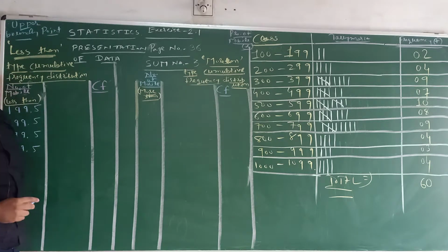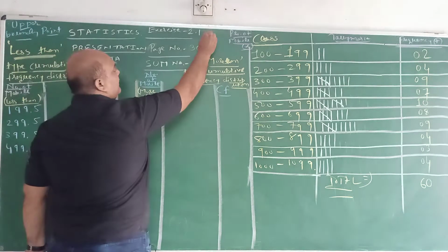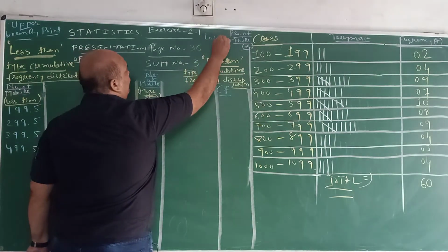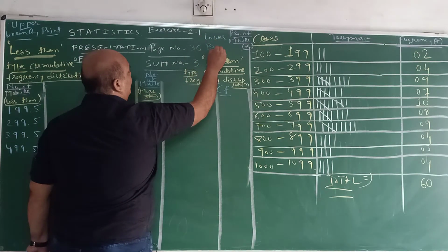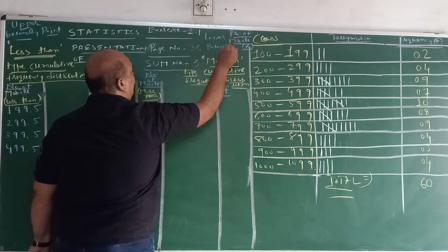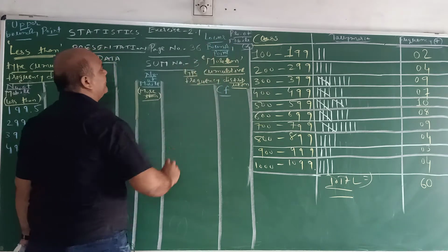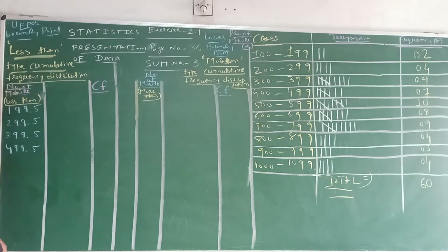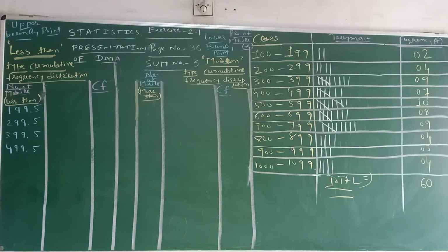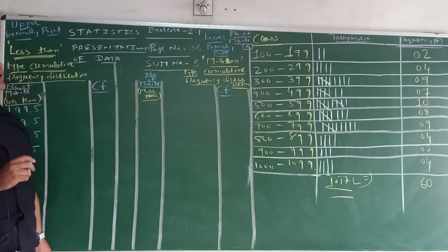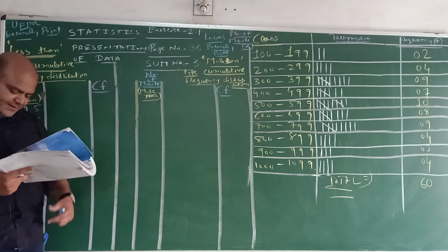And for more than type, we require lower boundary point. I repeat this: for less than type, we require upper boundary point, and for more than type, we require lower boundary point.